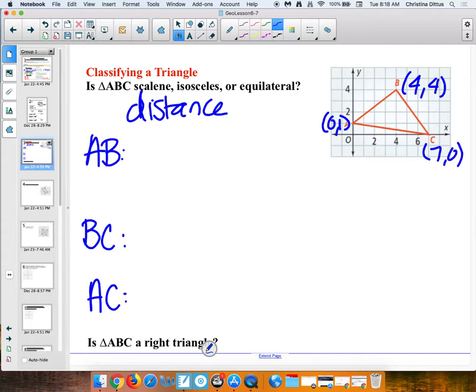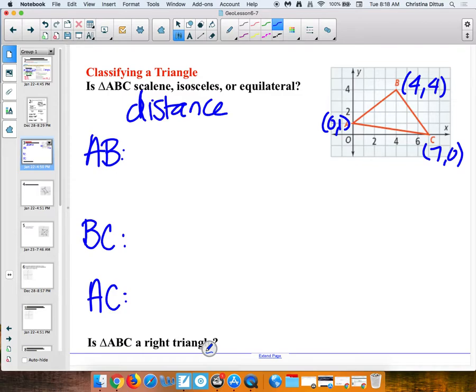So that's the distance formula, the very first thing we did: subtract your x's squared, plus subtract your y's squared, square root. So stick those points, A, B, and C, into that formula.